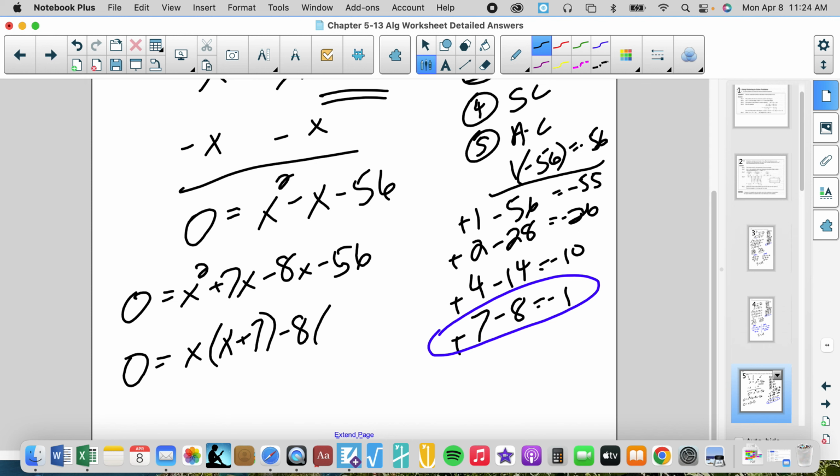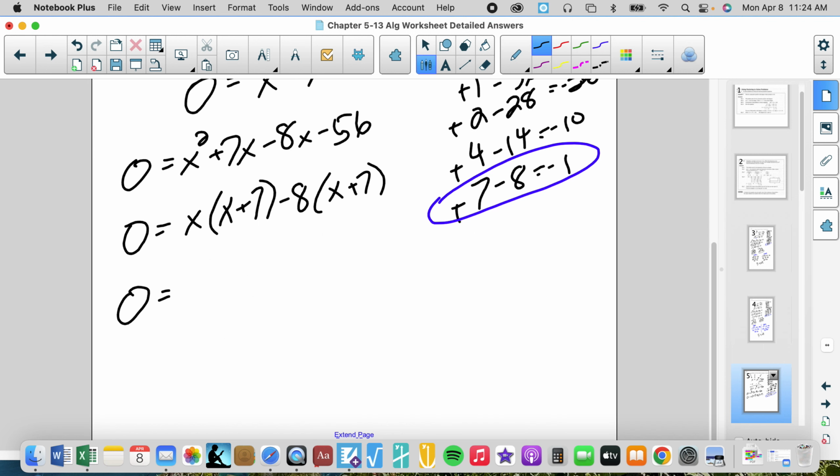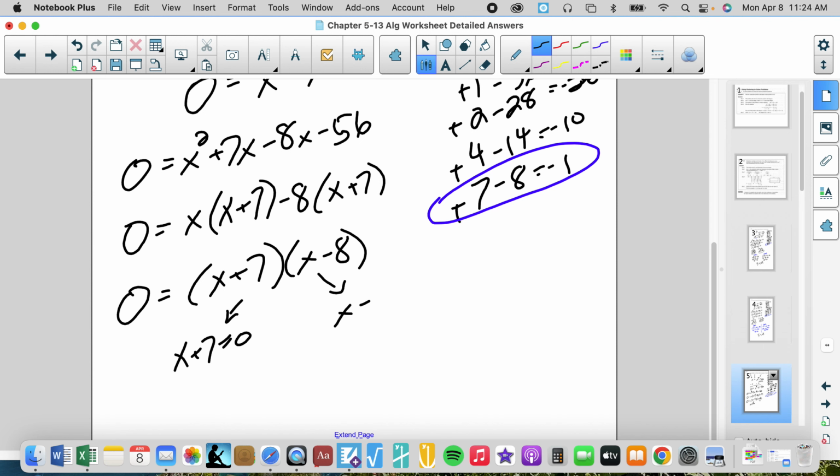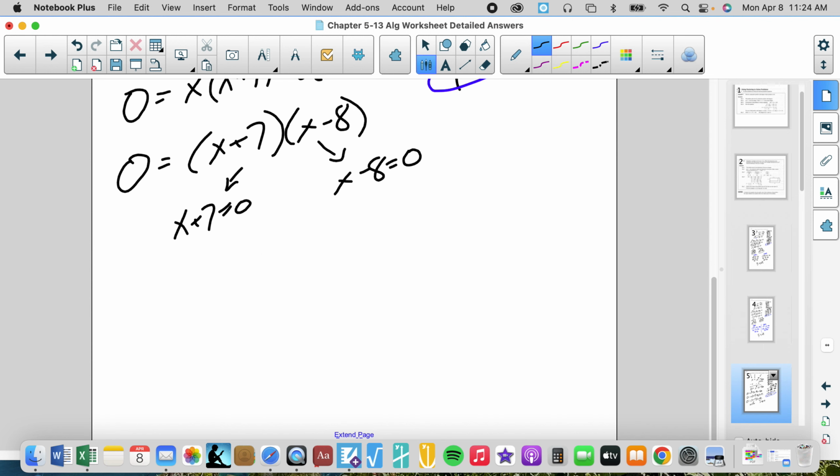We're going to factor out a negative 8. We get 0 equals x plus 7, x minus 8. Set each one equal to 0. Minus 7. And add 8.